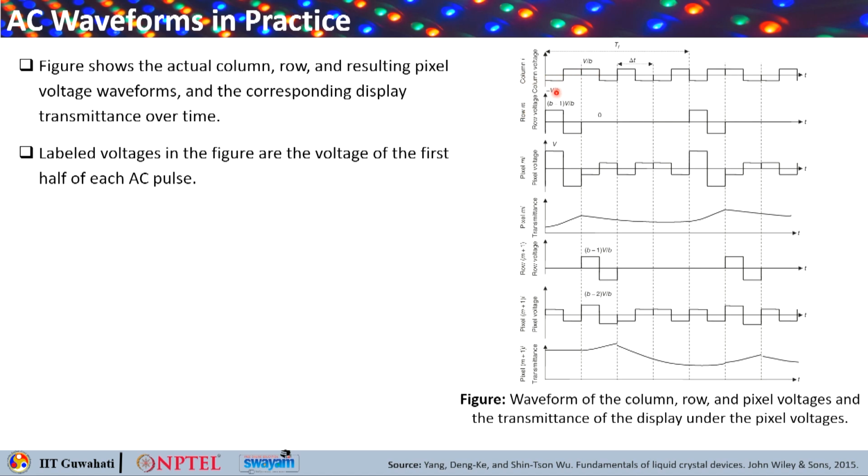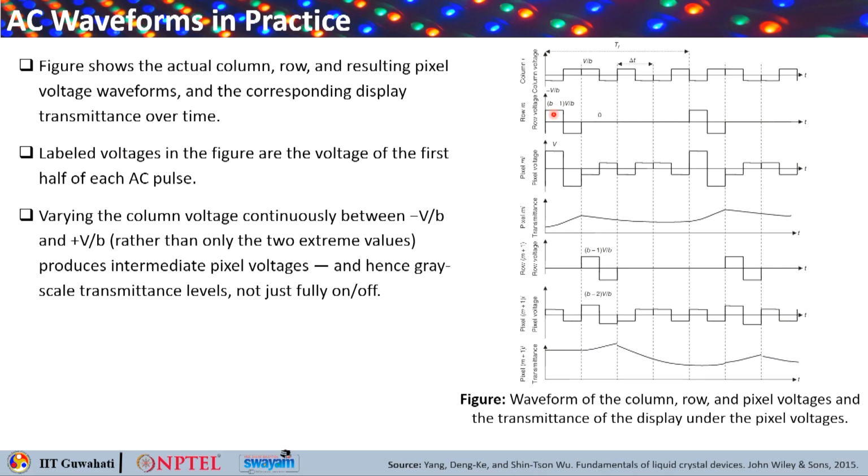What you are seeing as the leveled voltages in the graphs are the voltage of the first half of each AC pulse. Now, by varying the column voltage continuously between minus V over b to plus V over b, rather than only two extreme values, that produces intermediate pixel voltages. Hence grayscale transmittance levels are created, not just fully on and off.